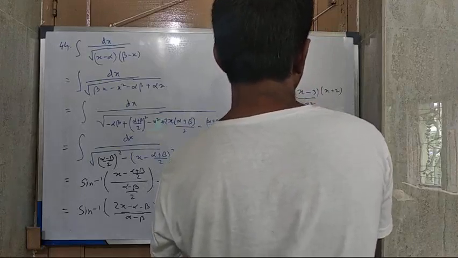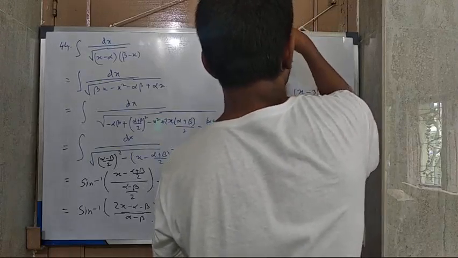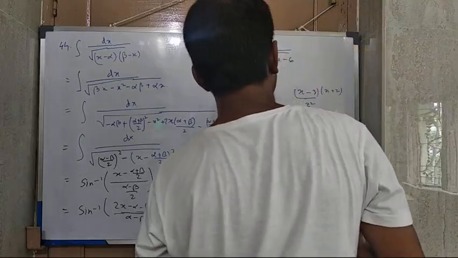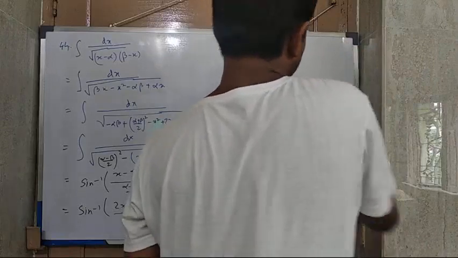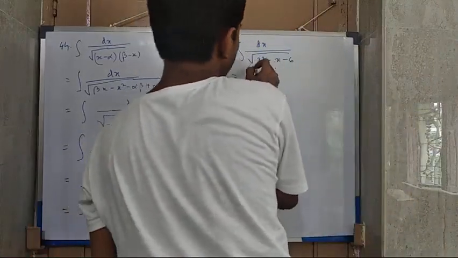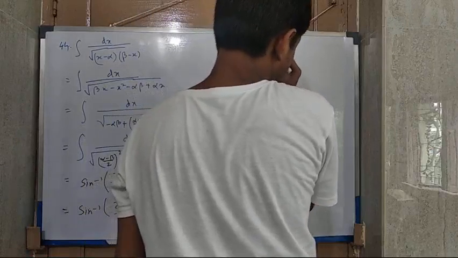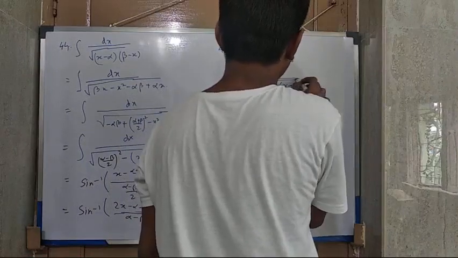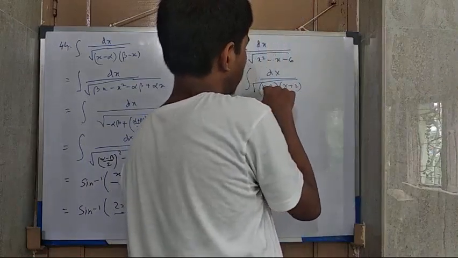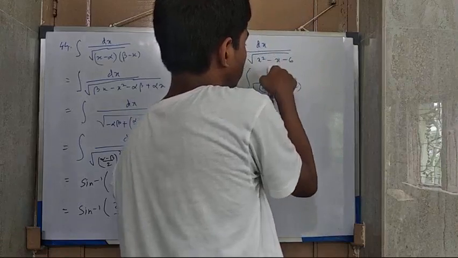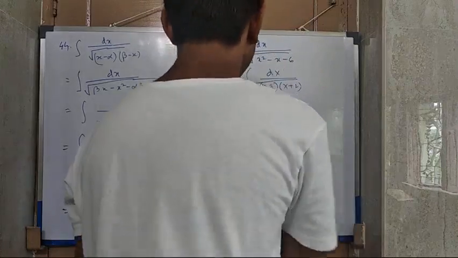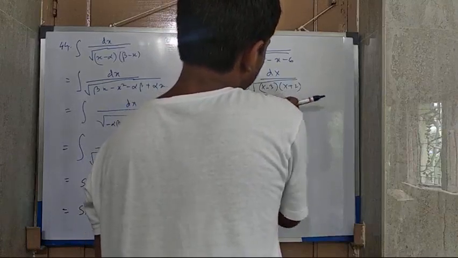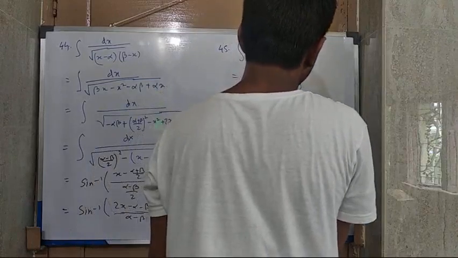So let's first factorize this one. This gets factored out as x minus 3 times x plus 2, I hope, because x squared plus 2x minus 3x, which is minus x, and minus 6. So now let's take this x minus 3 as z squared.